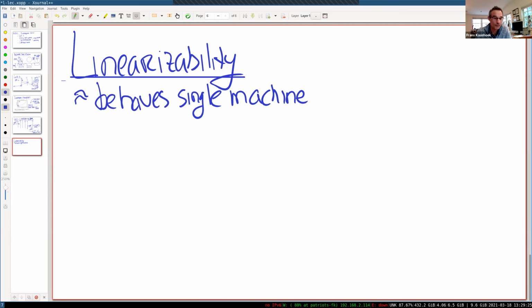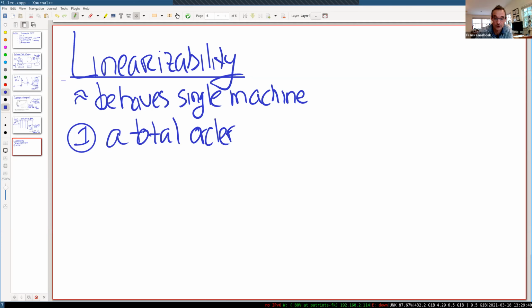When something behaves like a single machine, first of all, even if the operations execute concurrently, you can order them in a total order. So it's possible to construct a total order of all the operations, because in the end, it's a single machine. There's only one virtual machine that can actually perform the operations. So a total order of ops.